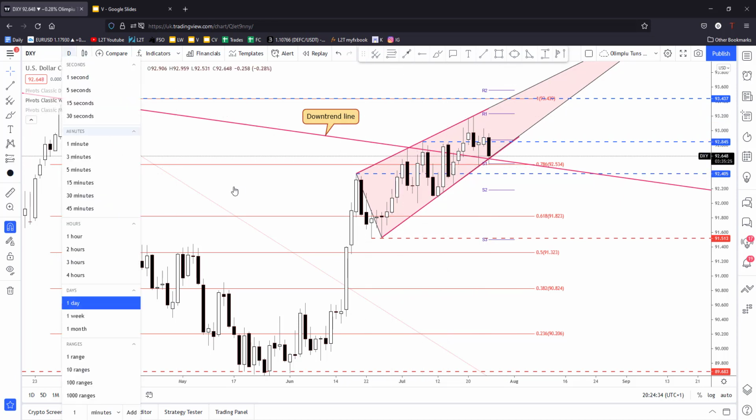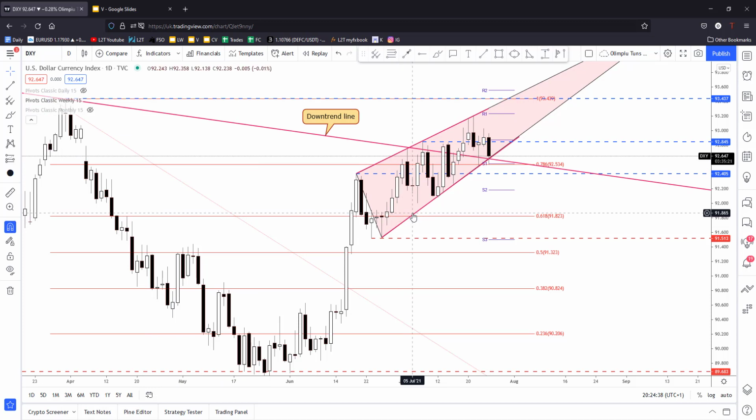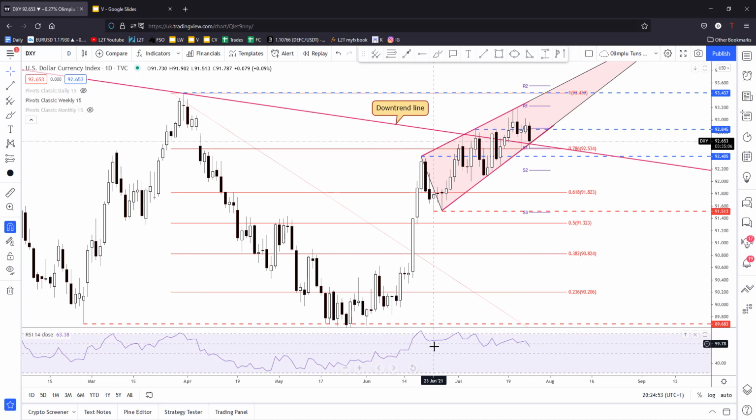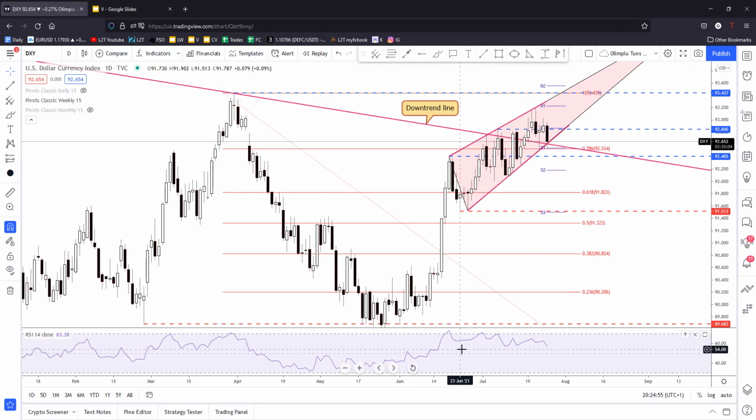So let's go back to the 4-hour chart. As you already know from my live sessions and my analysis, the DXY, the US dollar index, has printed a rising wedge pattern, a potential reversal pattern. Let's take a look at the RSI as well, because it's very important.